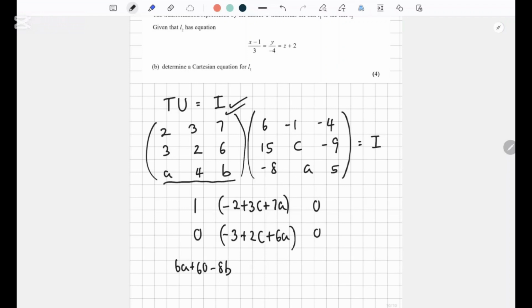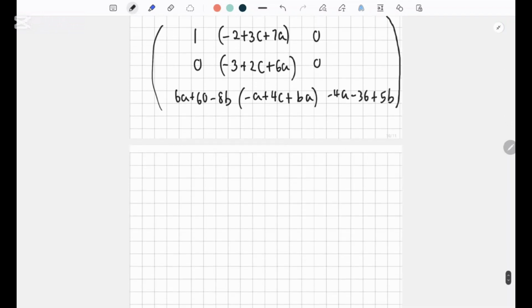And we have minus A plus 4C plus BA, and finally we have minus 4A minus 36 plus 5B. Okay. So this equals the identity matrix. So identity matrix is 1, 0, 0, 0, 1, 0, 0, 0, 1. This is your identity matrix.